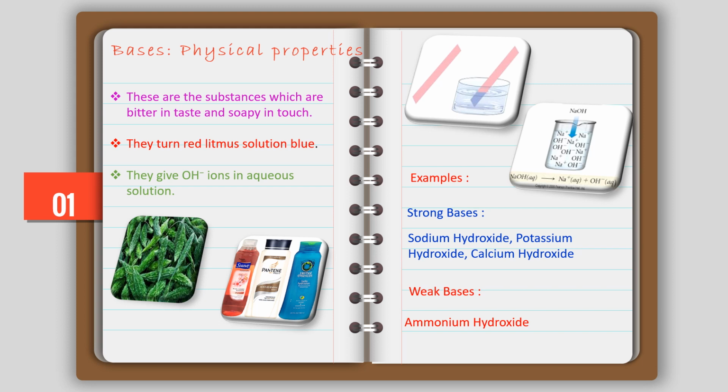So bases are those substances which give OH- ions in aqueous solution. For example, strong bases: sodium hydroxide, potassium hydroxide, calcium hydroxide. Weak base: ammonium hydroxide.